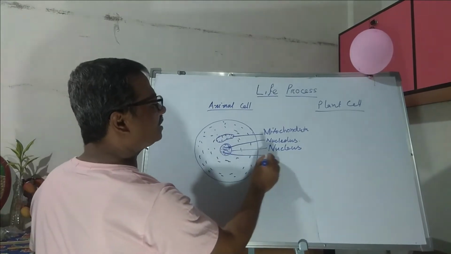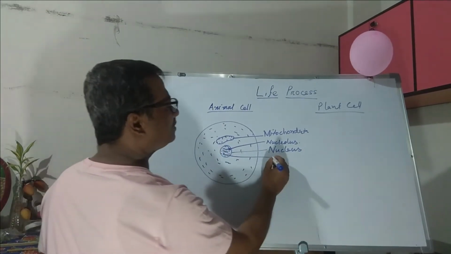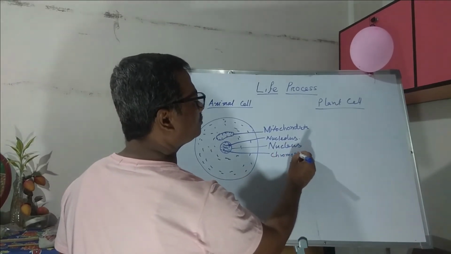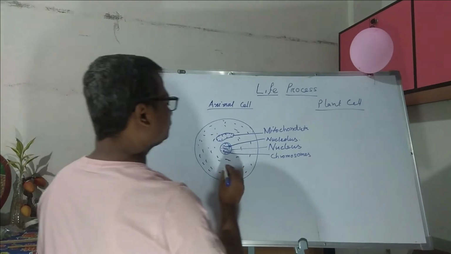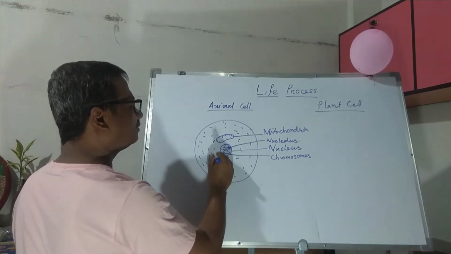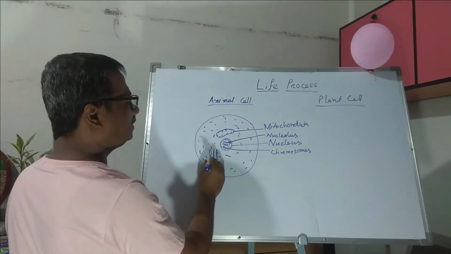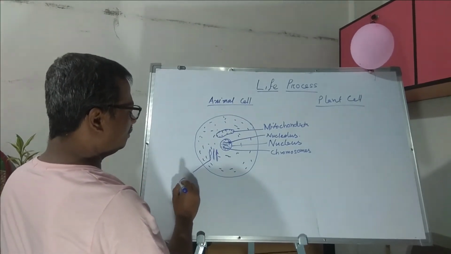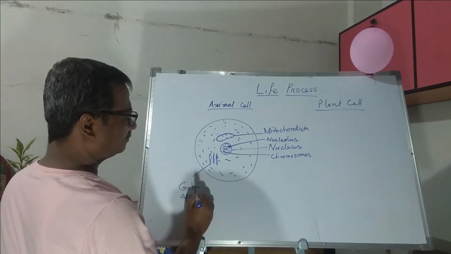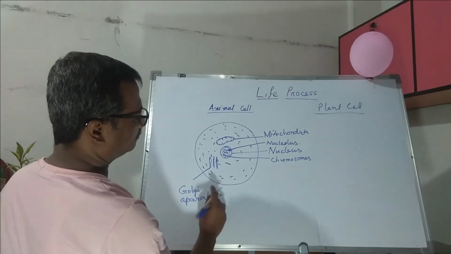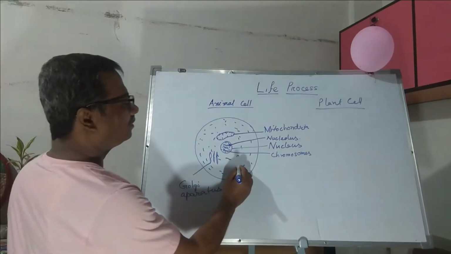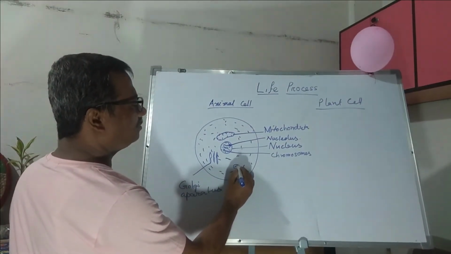Some thread-like structures are there inside the nucleus. These are called DNA or chromosomes. These are finger-like projections. These are called Golgi apparatus. Lysosome.